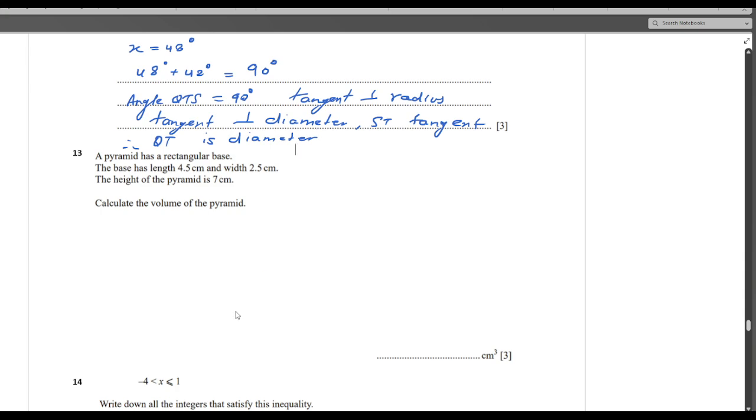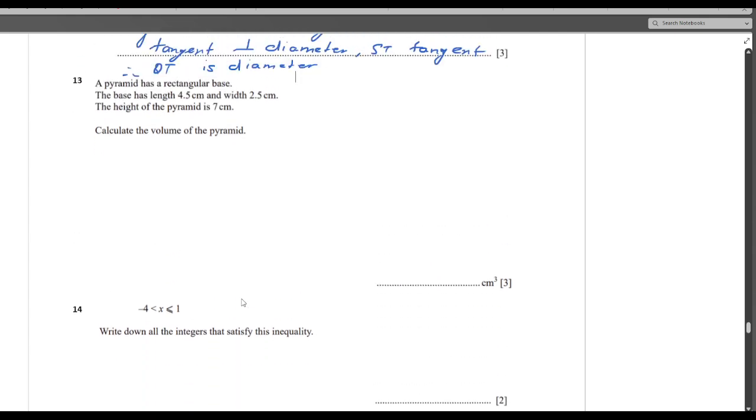Okay, next question number 13. The pyramid has a rectangular base. The base has length 4.5, width 2.5 and height 7. Calculate the volume of the pyramid. Now volume of the pyramid is 1/3 times your base area, which is 4.5 times 2.5, times your height.